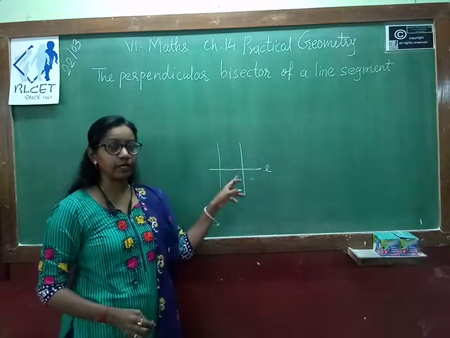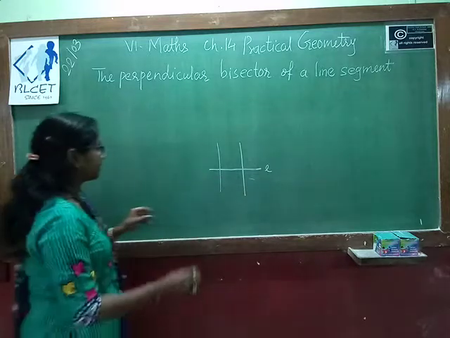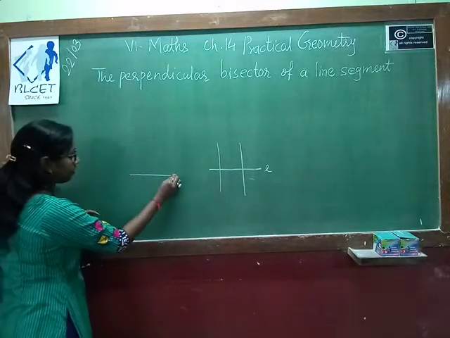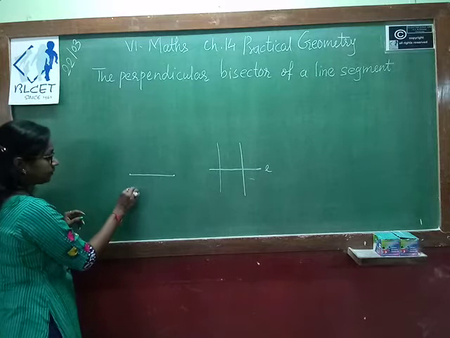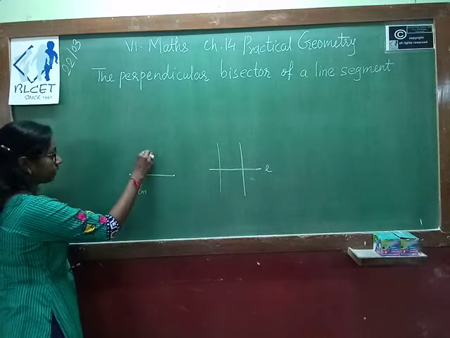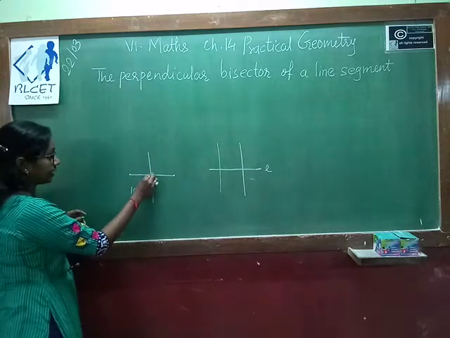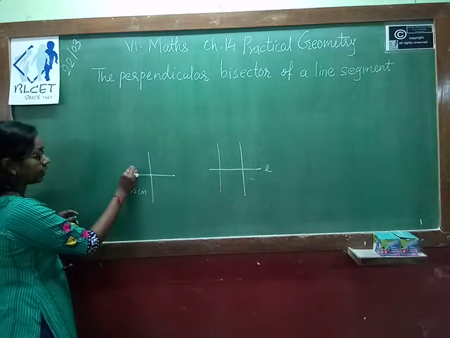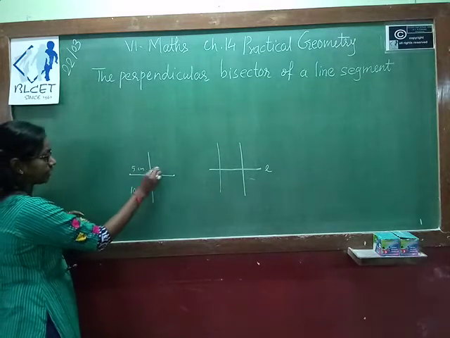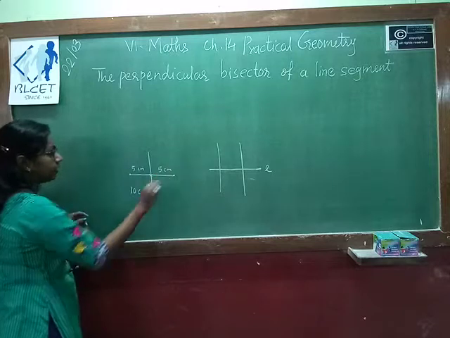but we cannot say this is a perpendicular bisector. Bisector means suppose you have a line segment of 10 cm and you draw the perpendicular in such a way that it divides the whole line segment into two equal parts, that is 5 cm here, 5 cm here.